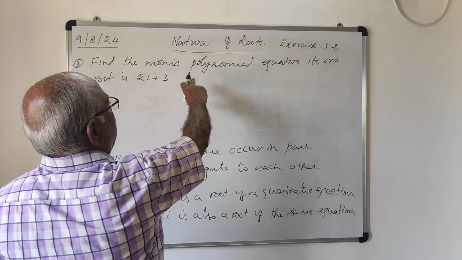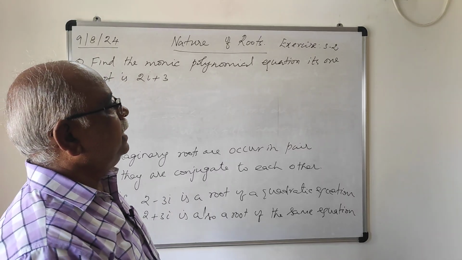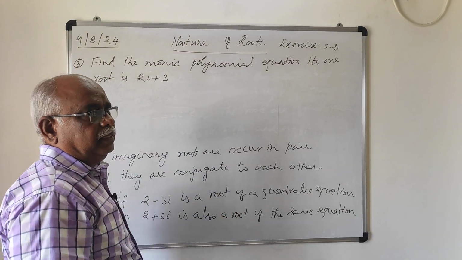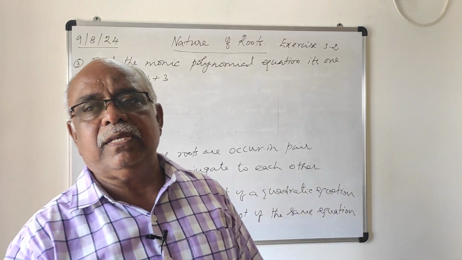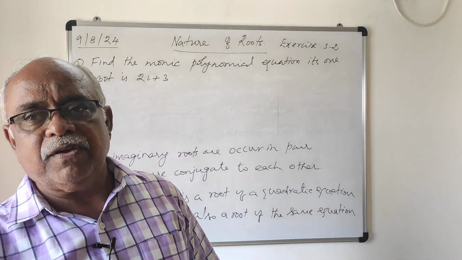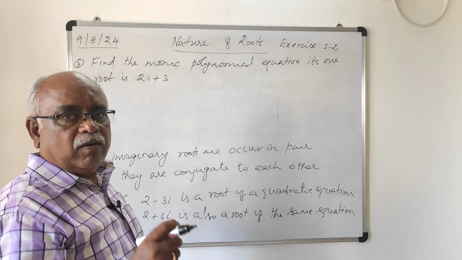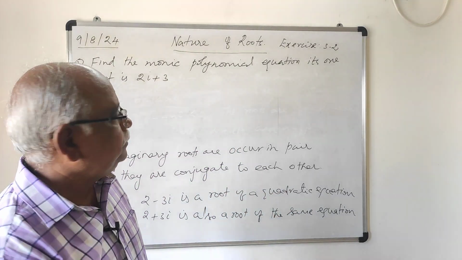Monic polynomial means the minimum degree is 2 and its leading coefficient is 1.